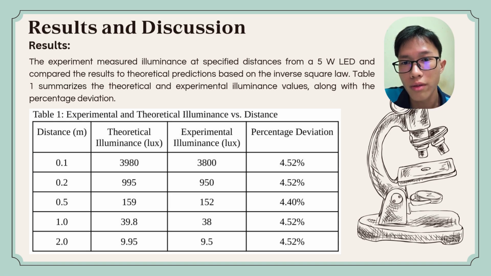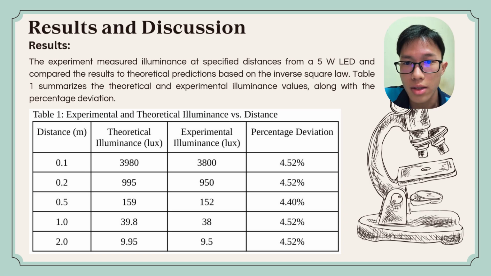Here we have 5 different distances: 0.1 meter, 0.2 meter, 0.5 meter, 1 meter, and 2 meter. We record the theoretical illuminance, the total lux, and we also calculated the experimental illuminance by using the formula given and also the percentage deviation.